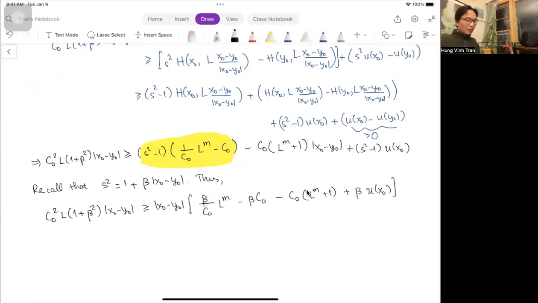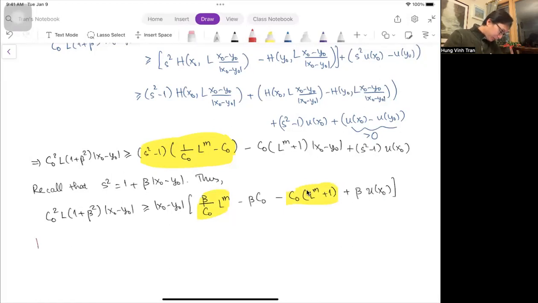What is interesting here is that you see there's a competition of this beta over c naught L to the m and c naught times L to the m. But beta is about choice now, right? So we can choose beta in such a way that beta over c naught is greater than c naught.